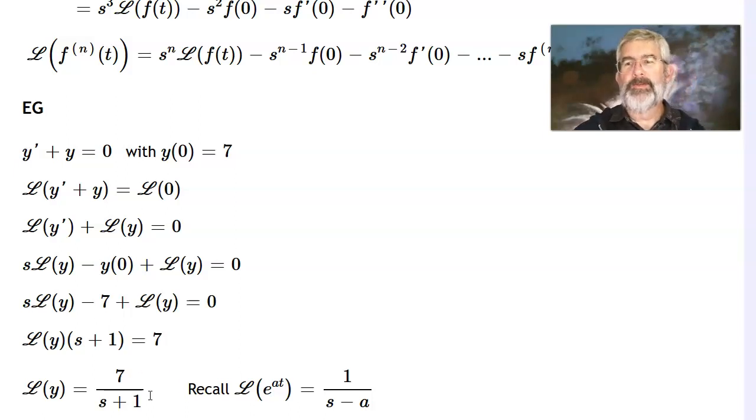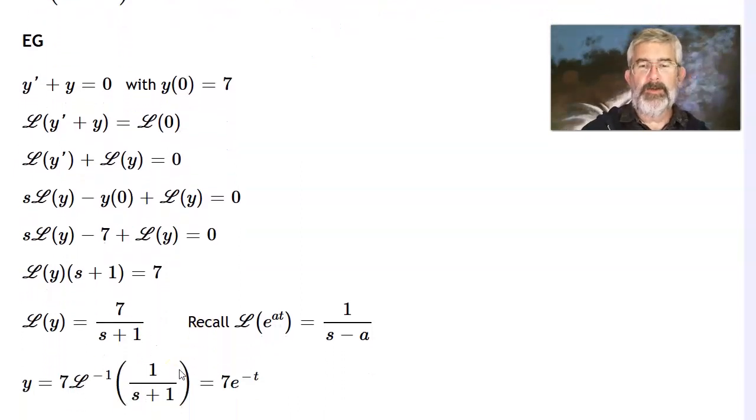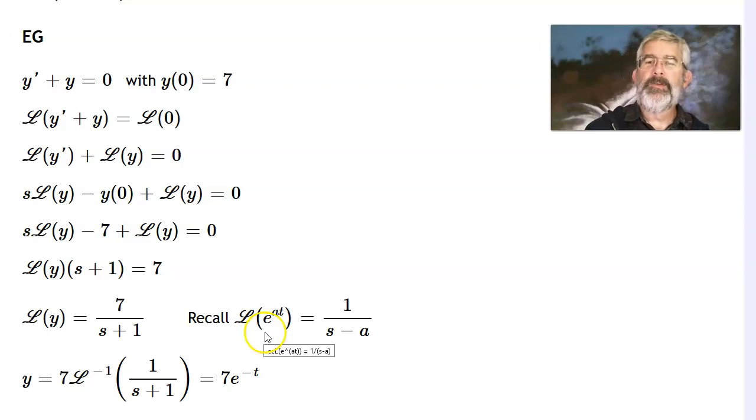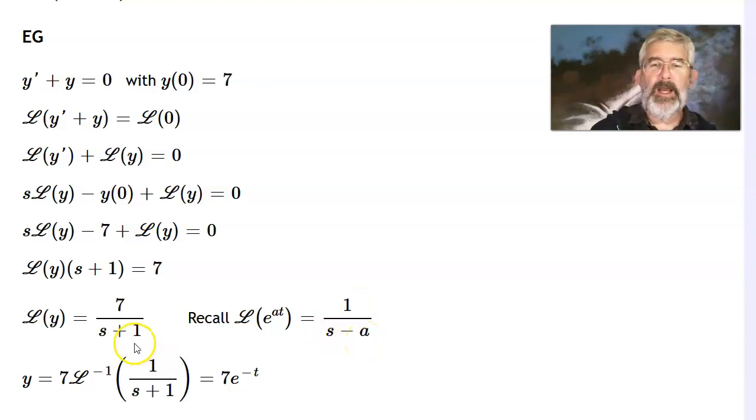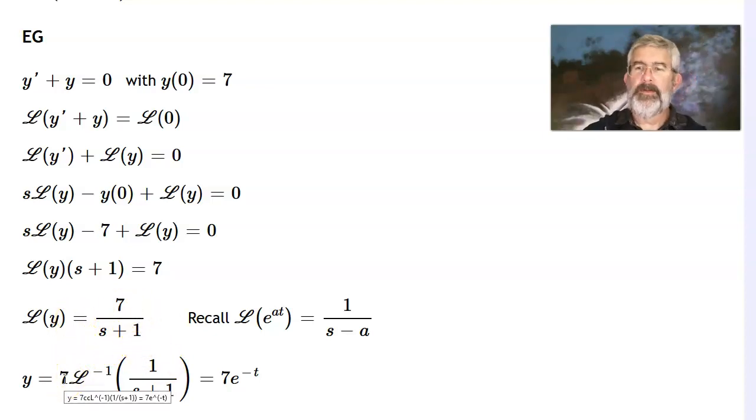There are methods that we'll talk about to some extent, but for now, I just want to say, in a previous video, notice that I showed that the Laplace transform of e to the at was 1 over s minus a. And so what I have here is, well, factor the 7 out, because if the Laplace transform is linear, then the inverse is also linear, so the 7 can just be factored out.